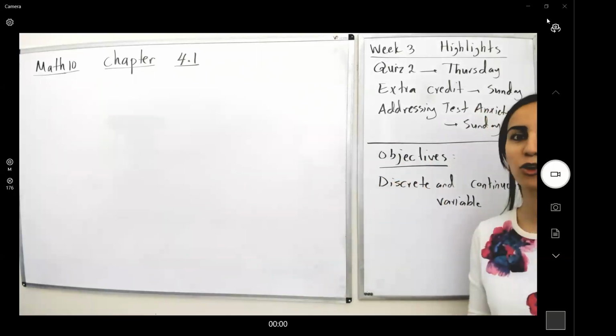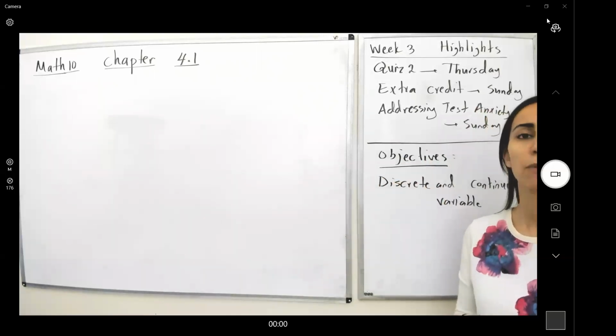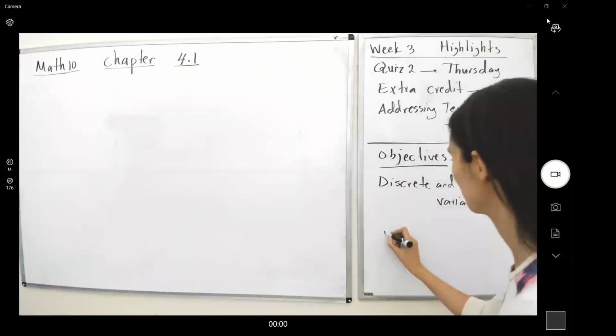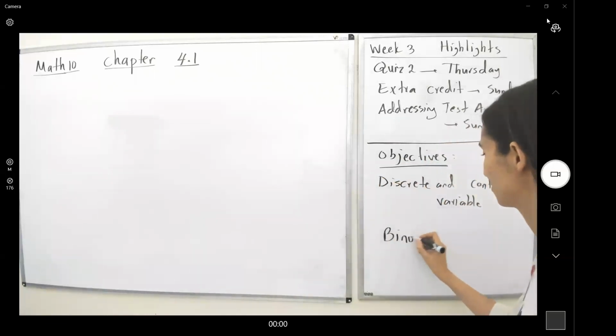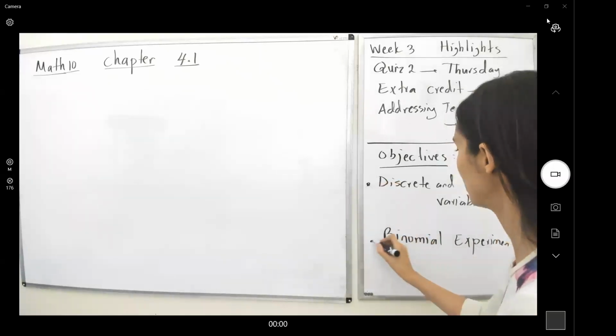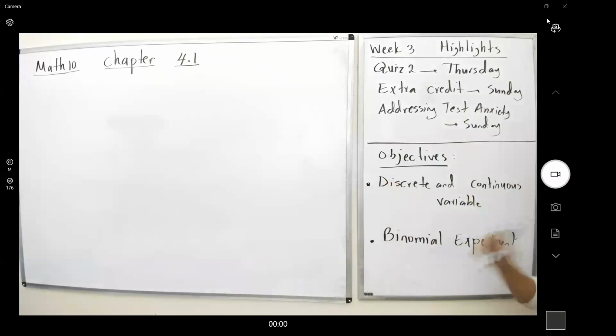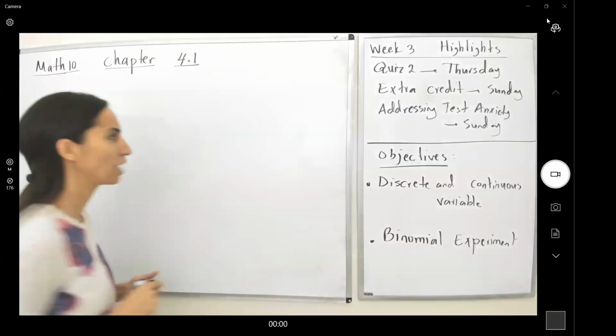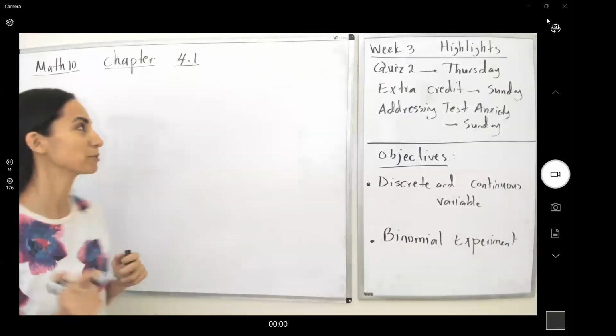We are also going to introduce a binomial experiment. So 2 objectives for you. Note that we're going to use our calculator as well. Very well. So what we learned so far?